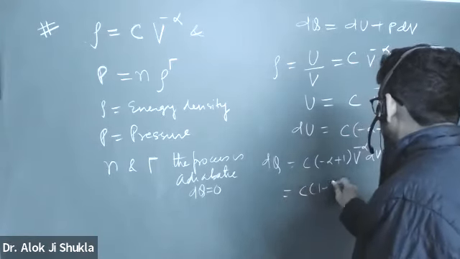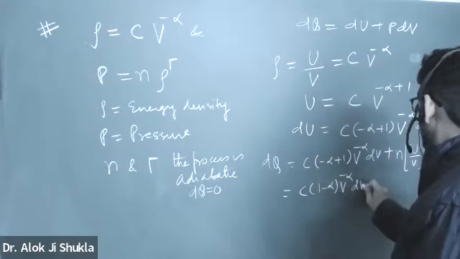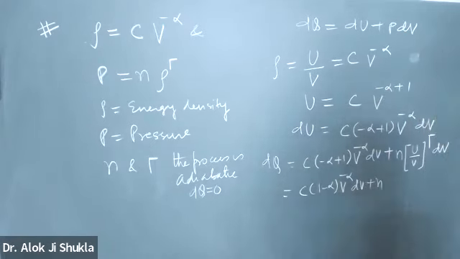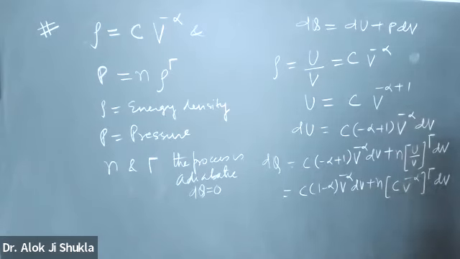C (1 minus alpha) V to the power minus alpha dV plus N. What is U by V? C V to the power minus alpha into gamma dV. Yes or no? Yes, sir.